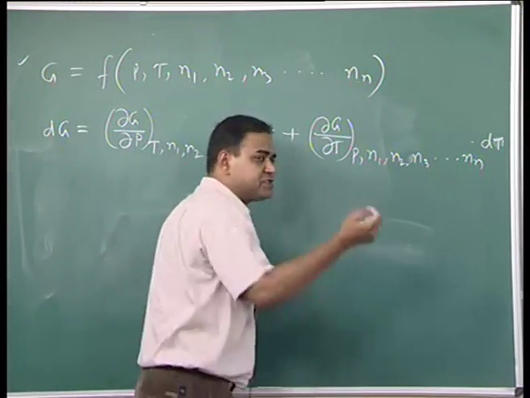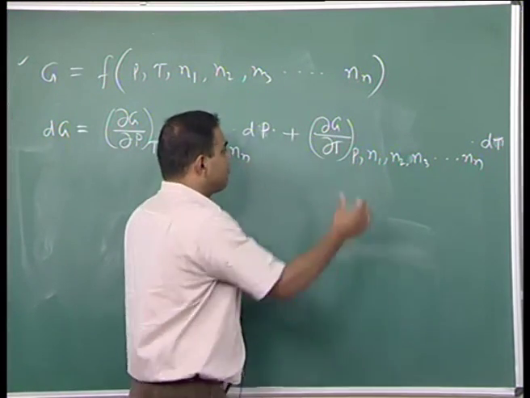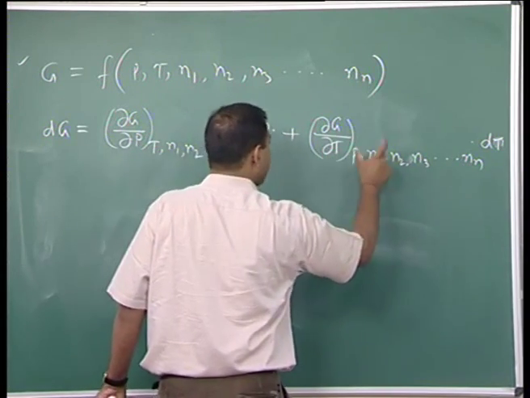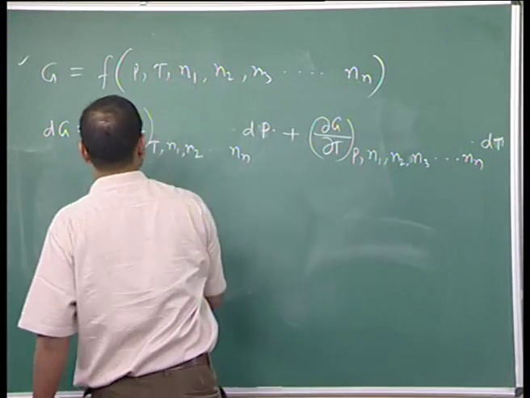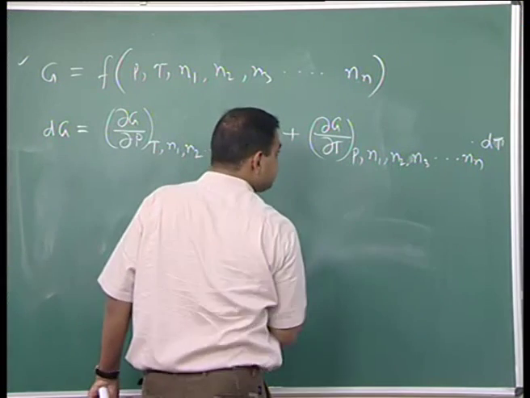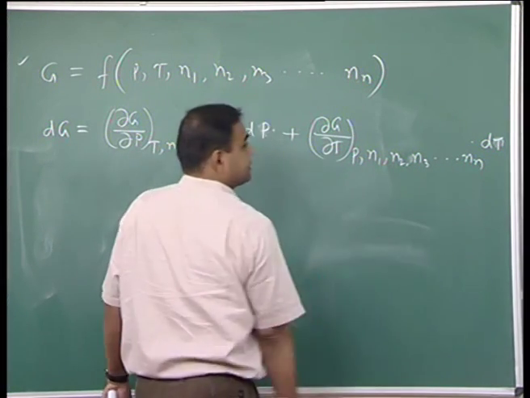Now if you have a small change in T, the temperature, then what would be the change of that T towards the free energy of the system, that is given by this, provided the other terms are constant.